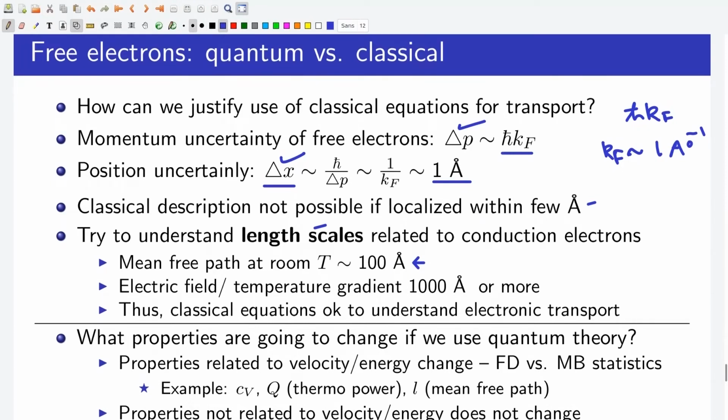And the electric field or temperature gradient which we apply is of the order of 1000 angstrom, maybe like 1 volt per 1000 angstrom, or it can be even higher. So the length scale we are talking about for this transport problem is much higher than 1 angstrom. Thus we can actually use the classical equations to understand the electronic transport.